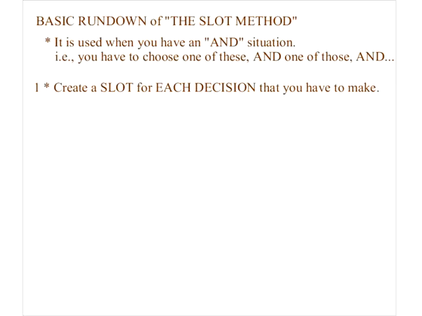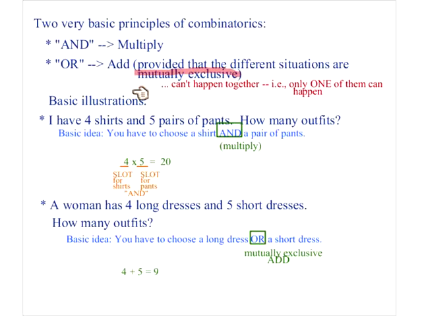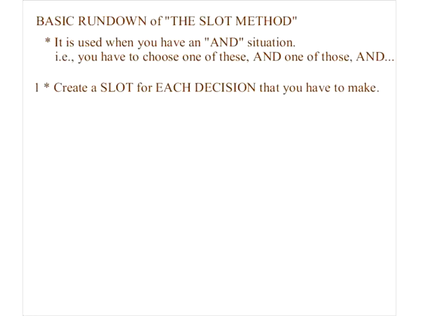Okay, so in this problem, which was again extremely basic, we have 2 decisions to make. We have to pick a shirt out of those 4. Then we have to pick a pair of pants out of those 5. And then of those, there are 4 and 5. We fill in the slots. So we multiply.